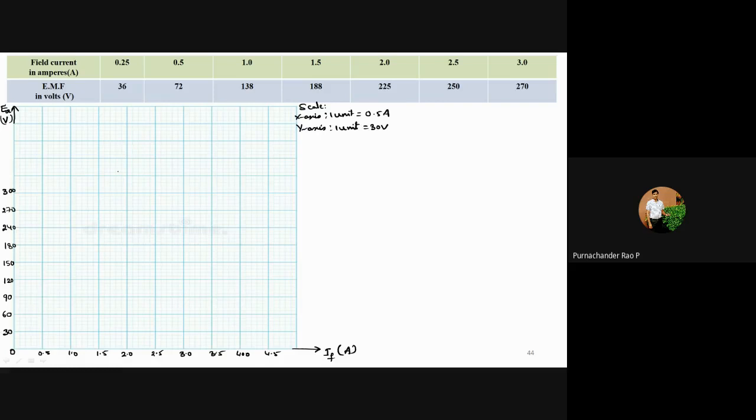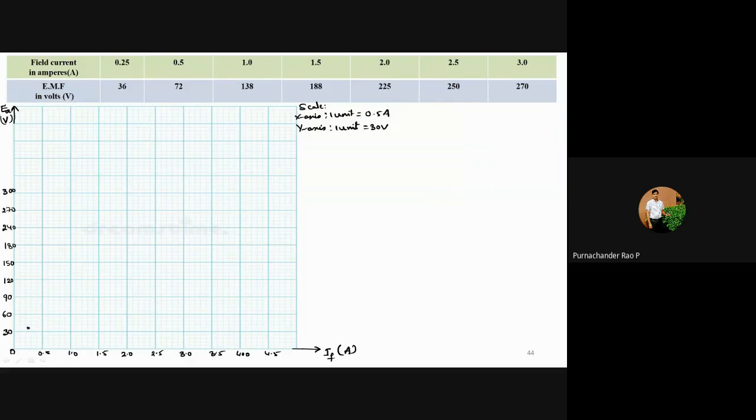Then next you have to take the values. For 0.25, at the middle of this we need to take 36. Each unit is divided into small values of 6 each, so this is 36, and I'm taking it at the middle of the line between 0 and 0.5.